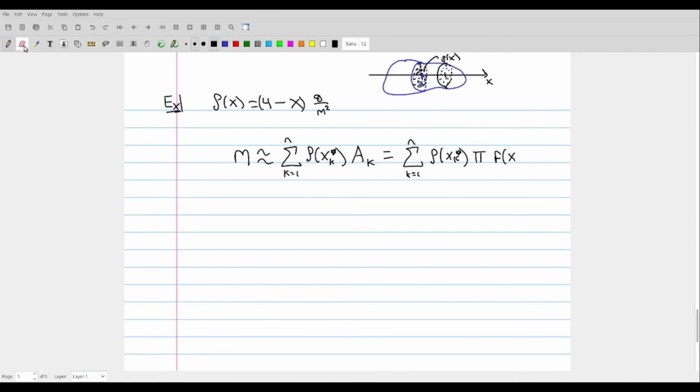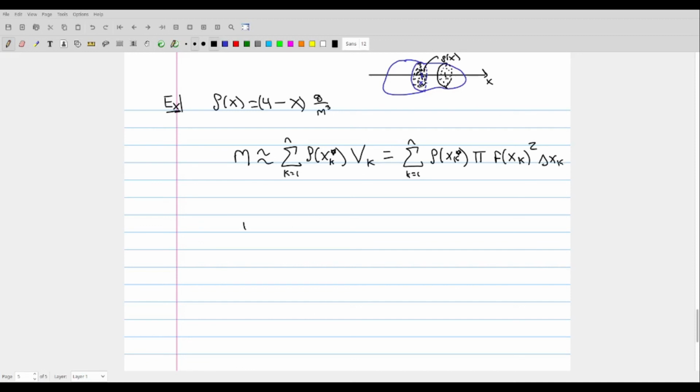Sorry, I have a typo here. It should be, because it's a three-dimensional mass density, so it has to be per meters cubed. And I also have a typo here. The density is the density at the point times the volume at the point. So f of xk squared times delta xk.